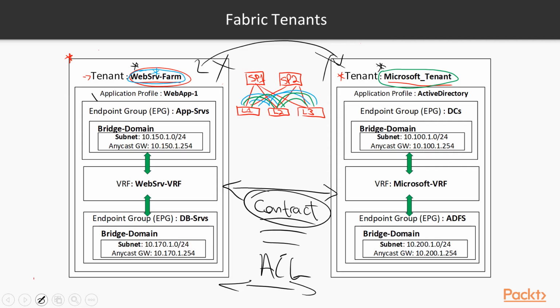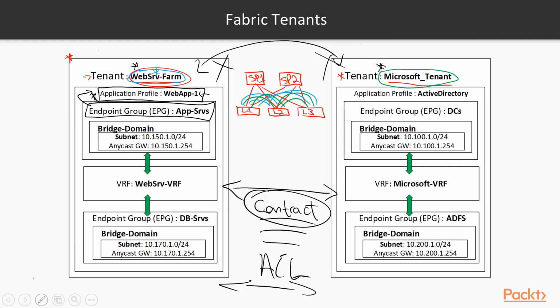So let me continue. Application profile. Inside my network, we can create a particular section in which we are going to group resources based on application. So let's say this is application web app 1, right? We create an application profile, and then we create an endpoint group in which we are going to associate the servers that belong to the web app, right?